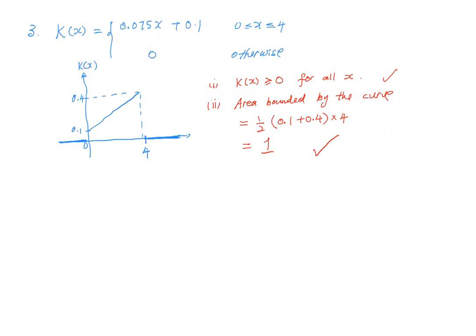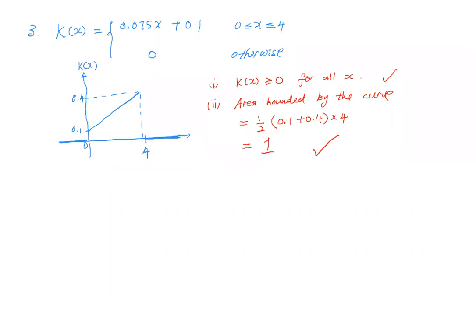Okay, now I want to talk about how to use this to find the probability and the mean. Now, we know that the area bounded by the curve represents the probability, correct?